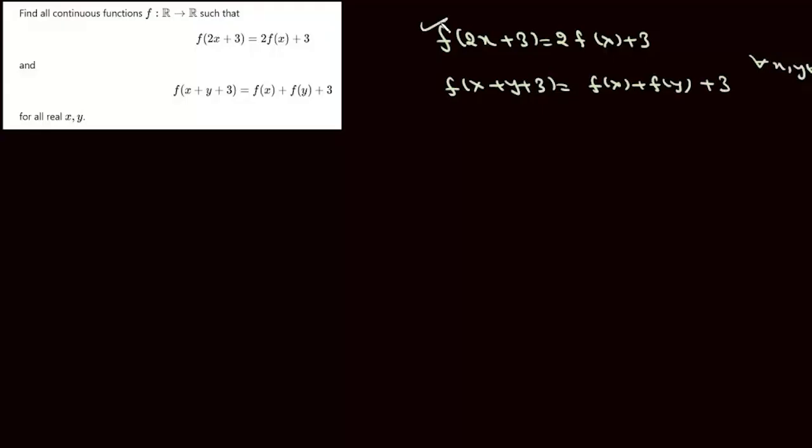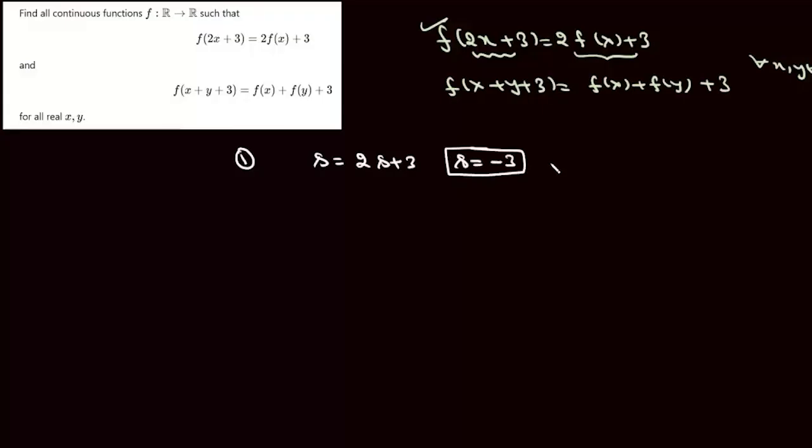Now for this first function, we see it is 2x + 3 and the right hand side is also of the form 2f(x) + 3. So first we'll find its fixed point. We'll take s = 2s + 3, so s will be -3. So our fixed point is -3. And for the right hand side also, we'll get the same fixed point, s = -3.